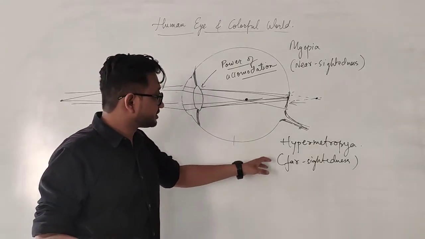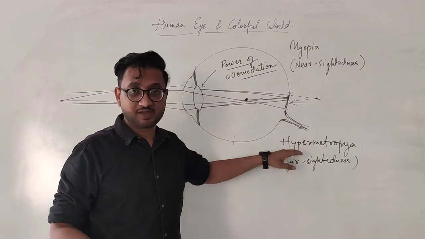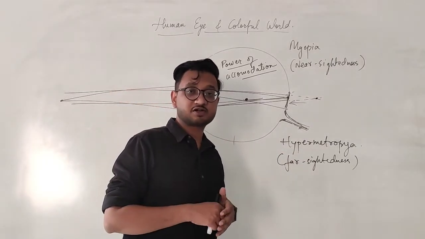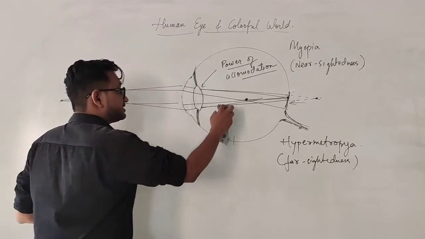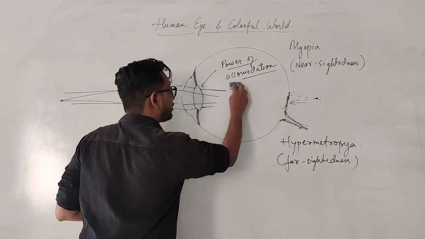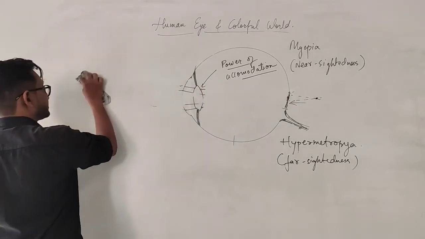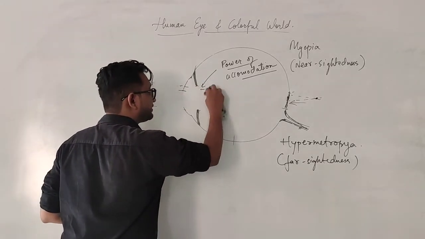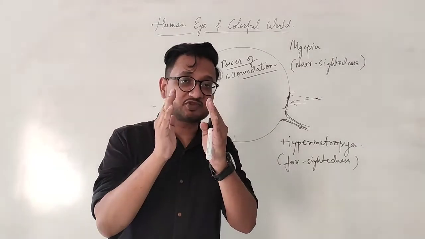Similarly, if the person is having hypermetropia, that is he or she is able to observe far away objects, then what happens is, he or she cannot observe the nearby object, which means the eye lens has become thin. Instead of thick, now the eye lens has become thin and it cannot become thick again.